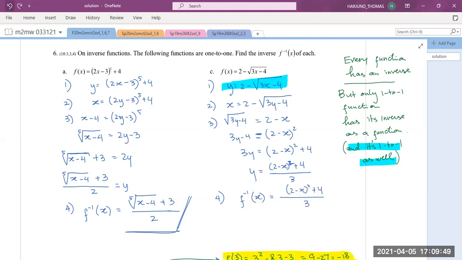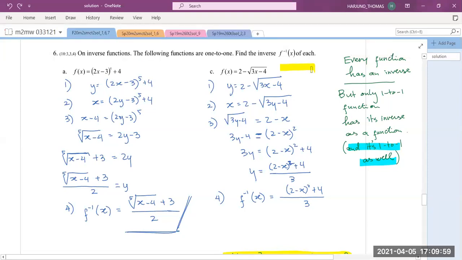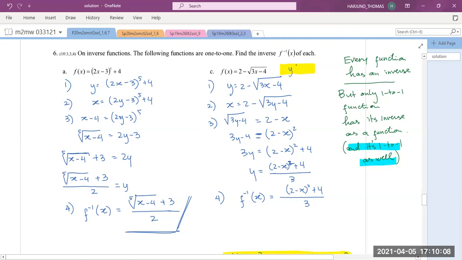So there must be some restriction on this inverse function to make it one-to-one. Now the restriction actually happens implicitly in the original function. It is that y is at most 2.